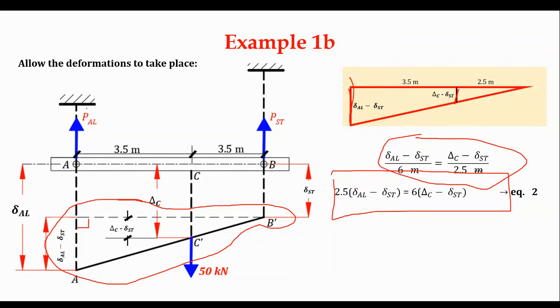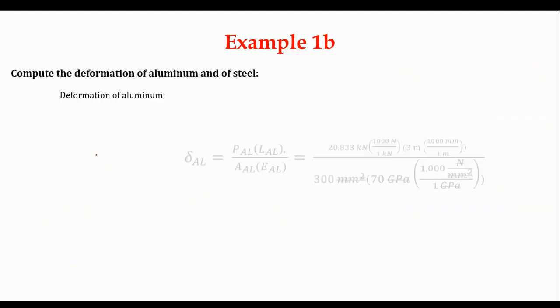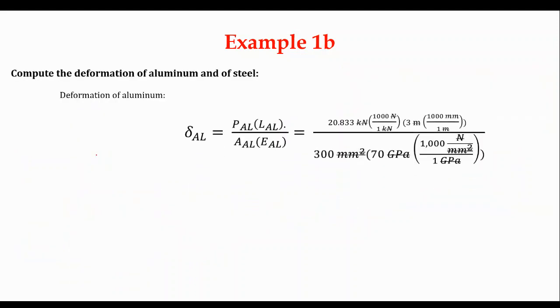The only ones with deformation are aluminum and steel. To solve for the deformation of aluminum, PL over AE, substitute: we already got the force in aluminum, the length of aluminum is given, the area is given, and the elasticity of aluminum is 70 gigapascal.